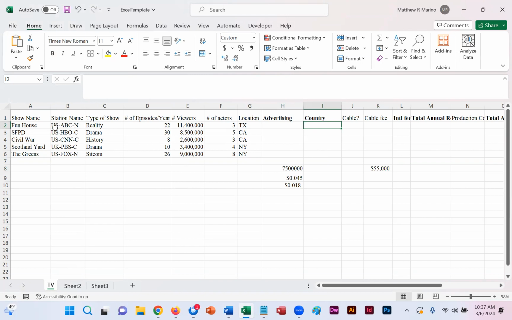So you do left and 2 from column B to get US or UK. And then you would do the right for cable question mark to get N or C from the end. And then here for cable fee, you would basically check if the country is UK and they are on cable, then they get the 55,000. Otherwise, they get 0.